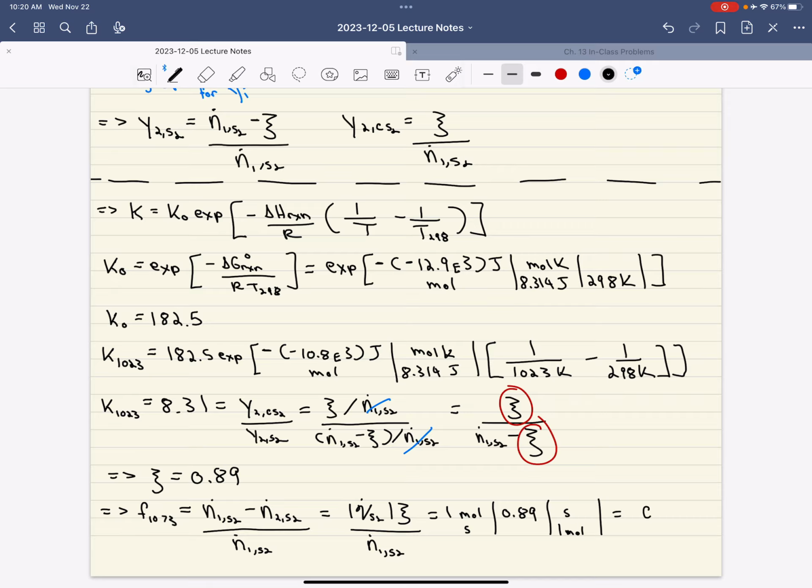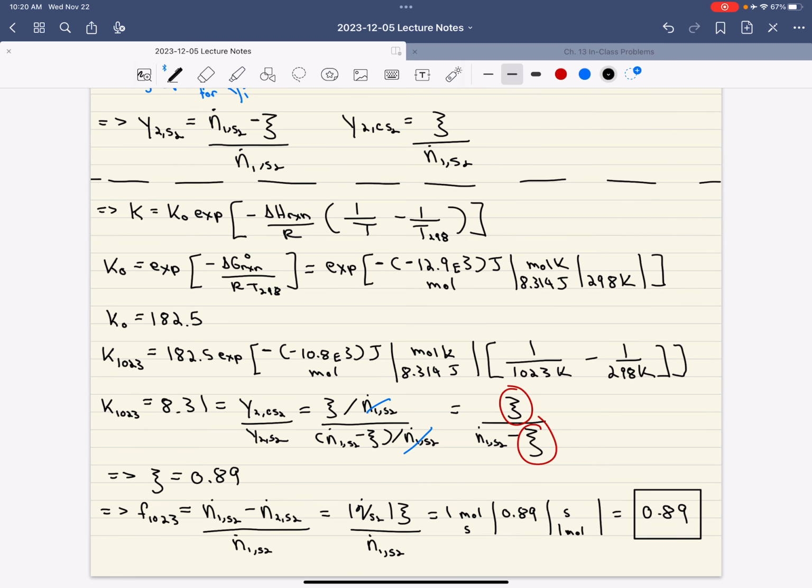And so here, our fractional conversion is 89%. Okay, so this tells us that 89% of the sulfur is consumed when we're at a temperature of 1023 Kelvin.